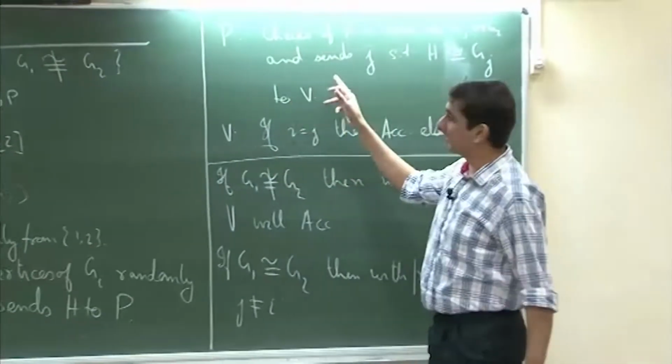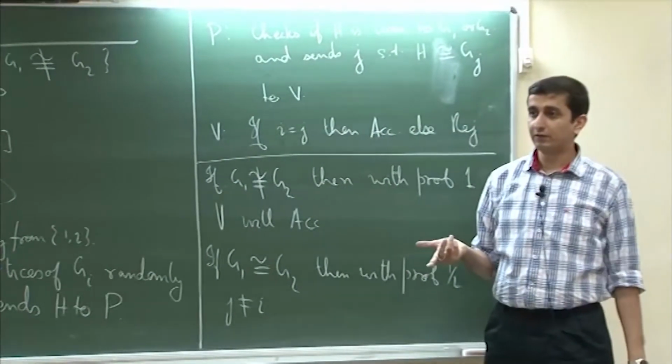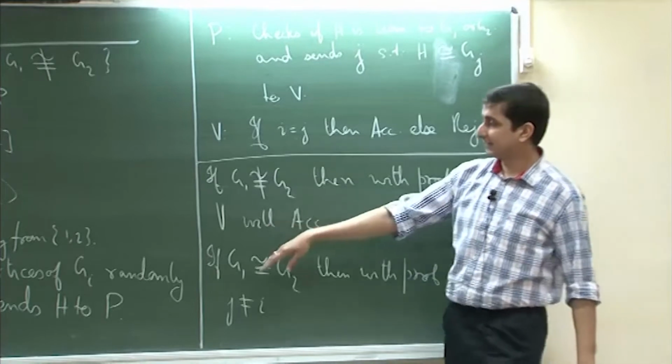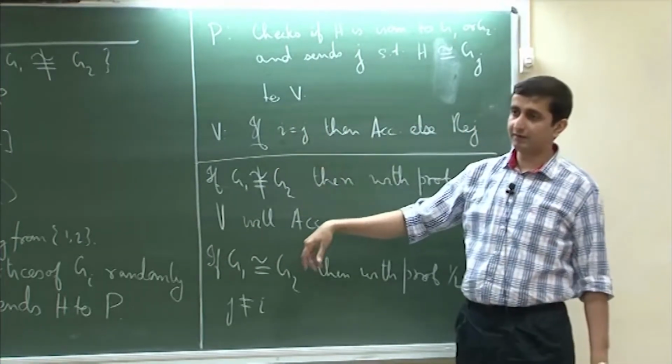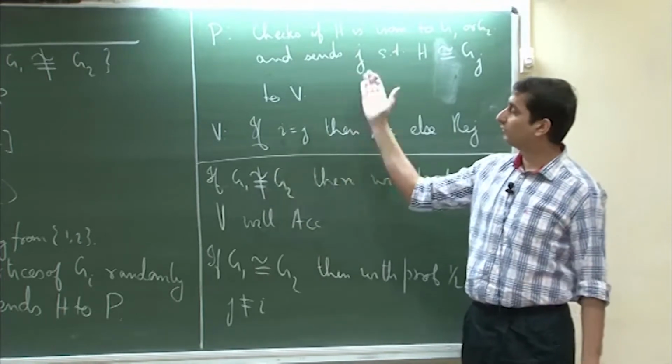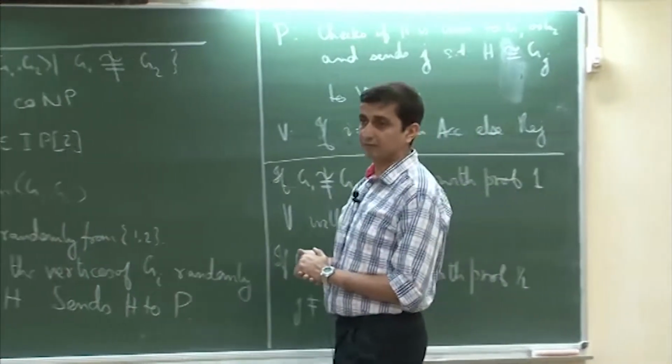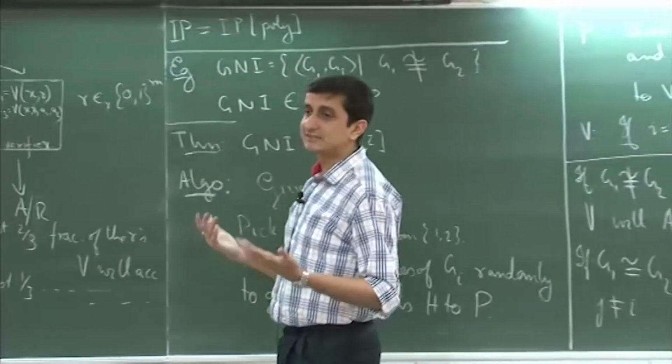So, he will just check which of the two graphs this is equal to. So, if the verifier had sent G1, the prover will just send 1 back to the verifier, and if the verifier had sent G2, then the prover will just send 2 back. So, the verifier always ends up accepting.